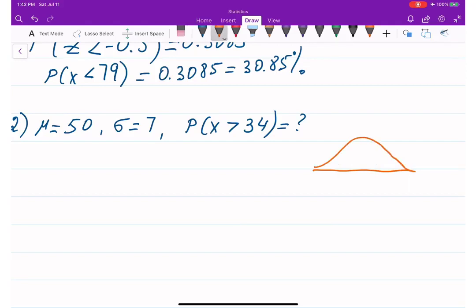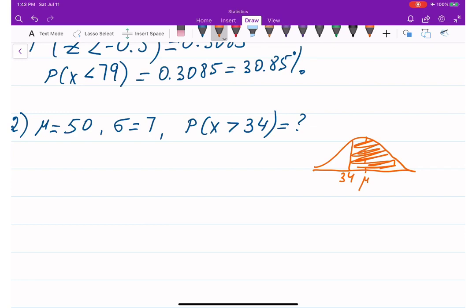If my mean is 50, then 34 will be from here somewhere, to the left. This is my mu, 50. X is 34, it's much less, right? 34 here. So how can we deal with this?